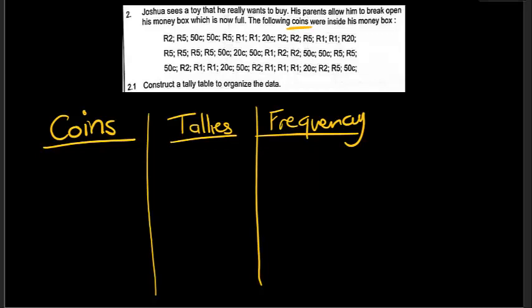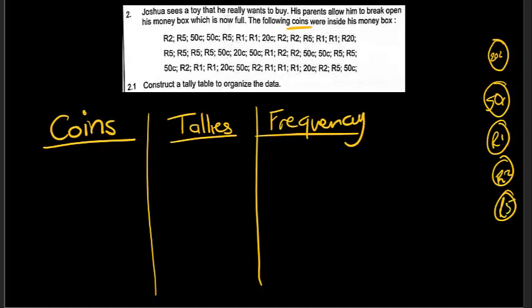Going back to the concept of discrete and continuous data, because coins are physical items, you have literally a 20 cents coin. You don't have a 30 cents coin, and we don't have 25 cents coins. You have specific items: a 20 cents coin, a 50 cents coin, a 1 rand coin, a 2 rand coin, and a 5 rand coin.